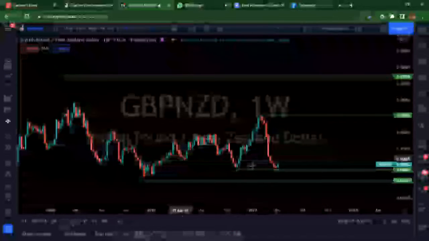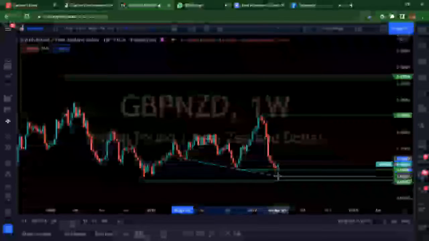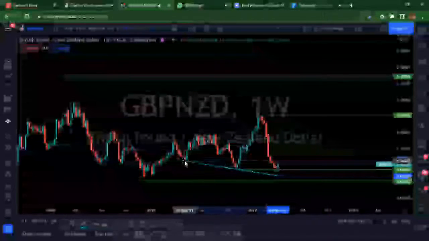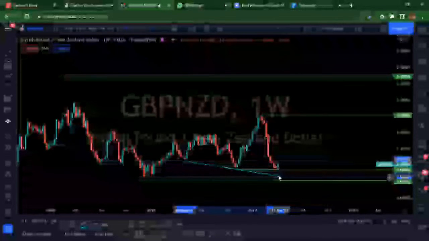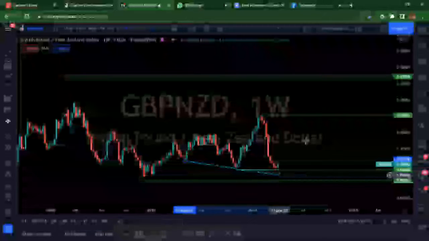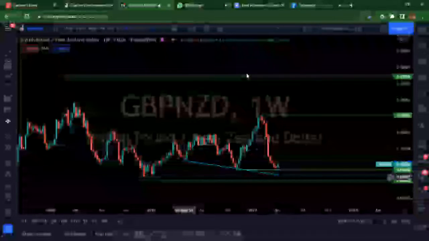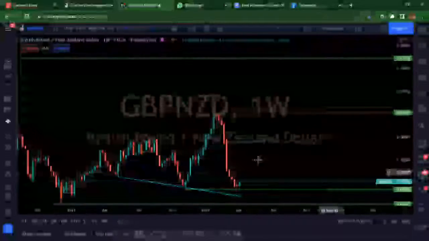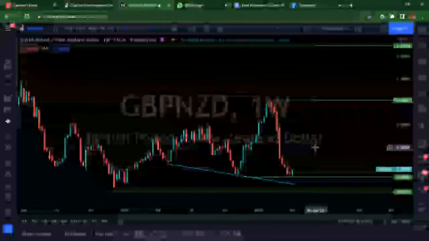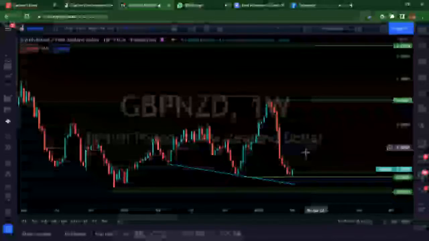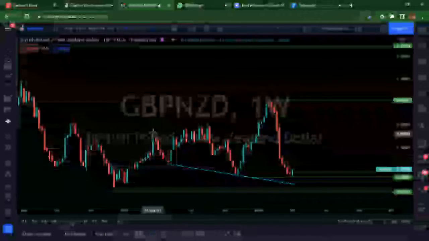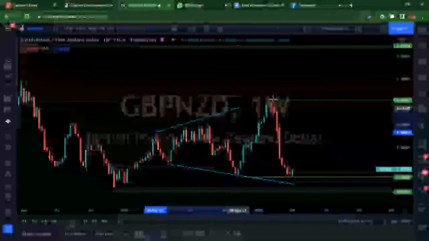So okay, we have a pattern here. I quickly identified the pattern, because it's all in my mind, it's something that is in a trading plan. So it's important that you have a trading plan, something that you will follow, something that you've seen works, and then you just apply it on the live markets.